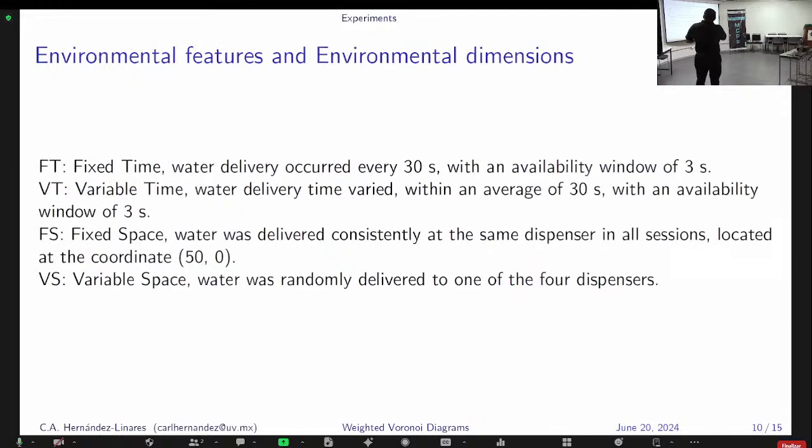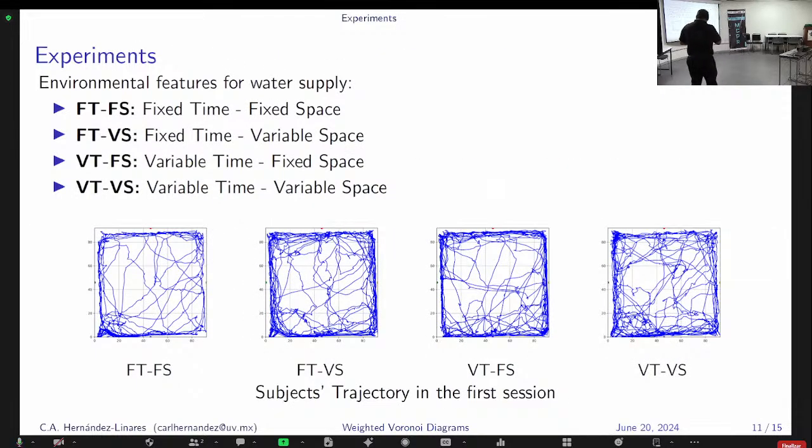With these intersections, we have 4 kinds of experiments: fixed time, fixed space; fixed time, variable space; variable time, fixed space; and so on. These are the means of the movement of a subject, and we use this data to construct the weighted Voronoi diagram.